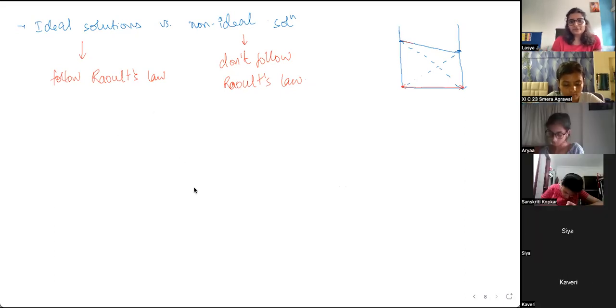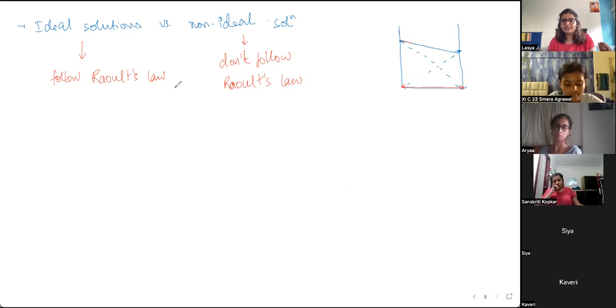Okay, so let's look at ideal solutions only. This is the basic definition you can say. You can define ideal solutions: if they follow Raoult's law, it comes under ideal solutions. And Smera, you were saying temperature, right? Things change once the temperature changes because the partial pressure is going to change.